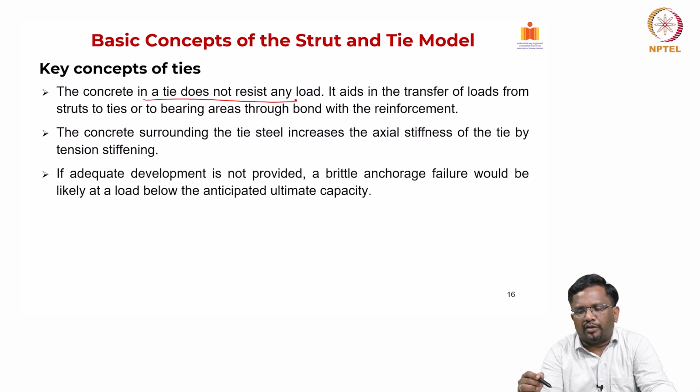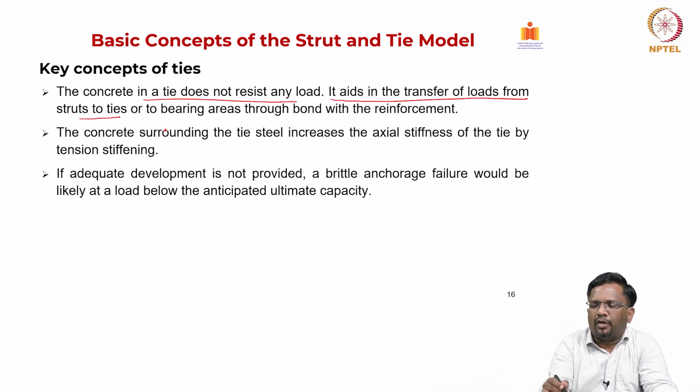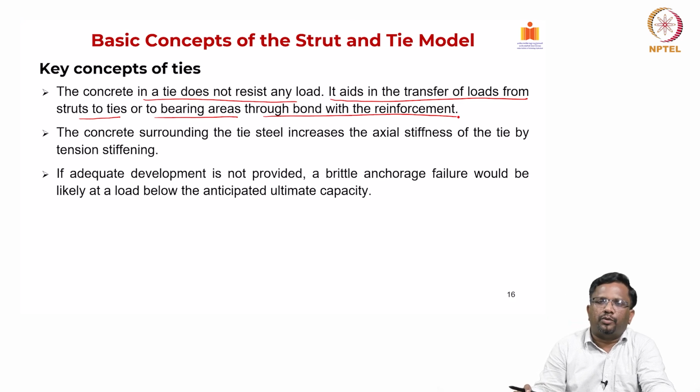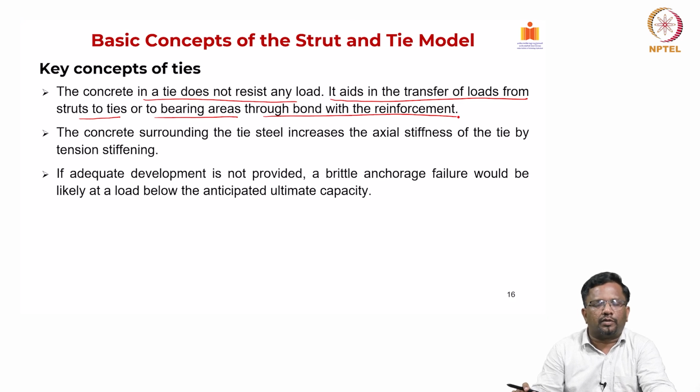So, concrete in the tie region also, we assume it is not going to help in resisting any load. It only aids in the transfer of the loads from struts to ties or to the bearing areas through bond with the reinforcement, just like what we do in simple bending theory as well. Though you have concrete below the neutral axis, we do not consider it in our ultimate strength calculations. The purpose of that concrete is only to help in transferring the stresses through bond.